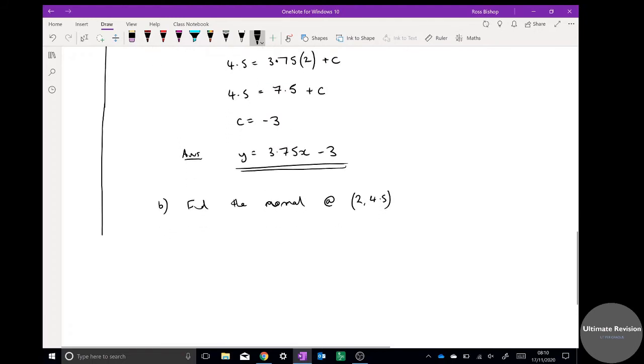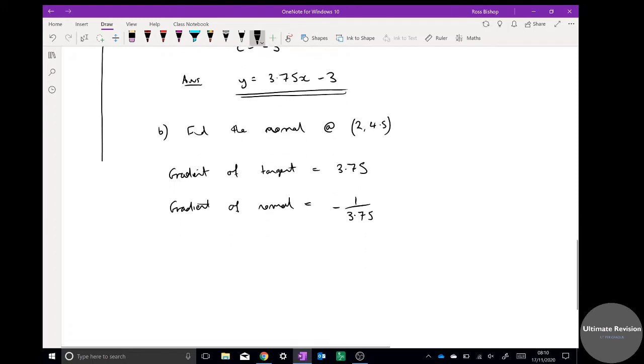Okay, so I know the gradient of the tangent. I've already worked that out. Gradient of tangent is 3.75. So the gradient of the normal is the negative reciprocal. So it's 1 over 3.75 and it's negative.